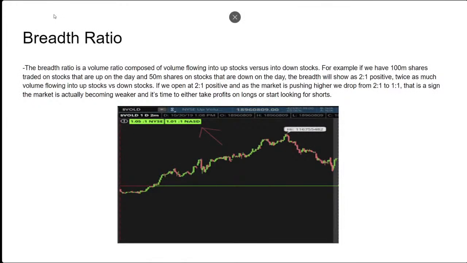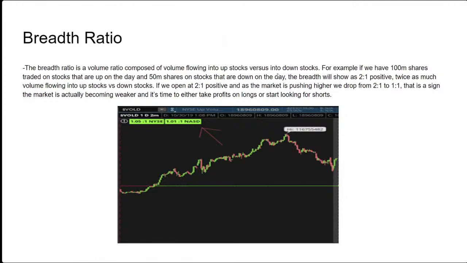The next market internal I want to go over is the breadth ratio, which is this box right here. I have the NYSE breadth ratio and a NASDAQ breadth ratio. I usually use the NYSE. Basically, the breadth ratio is a volume ratio composed of volume flowing into up stocks versus down stocks.